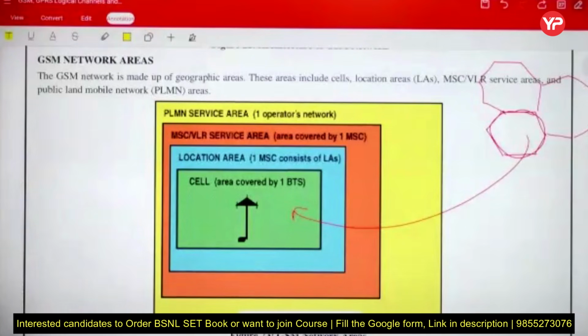BTS means Base Transceiver Station, which is a part of your tower. So whenever we talk about a cell, that cell is represented by one BTS, right?